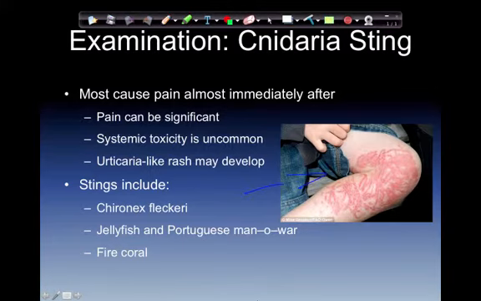Stings include Chironex fleckeri, jellyfish, the Portuguese man-of-war, and fire coral. Fire coral tends to cause burning pain when touched. The Portuguese man-of-war's primary clinical effect is pain, but it can also cause generalized weakness, limb numbness and tingling, nasal and ocular discharge, muscle spasm, and in severe cases, renal failure and death.